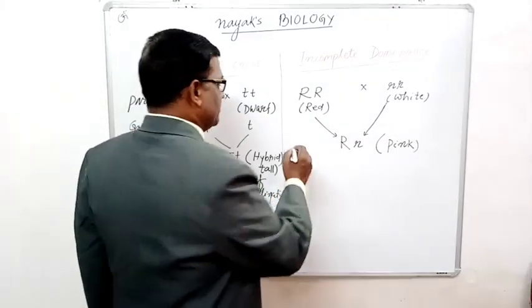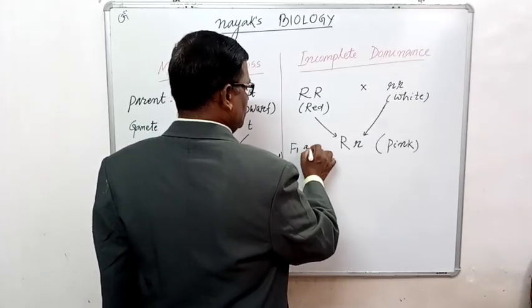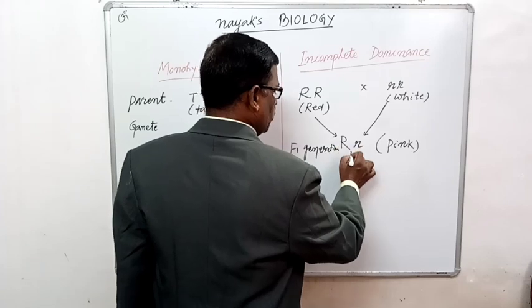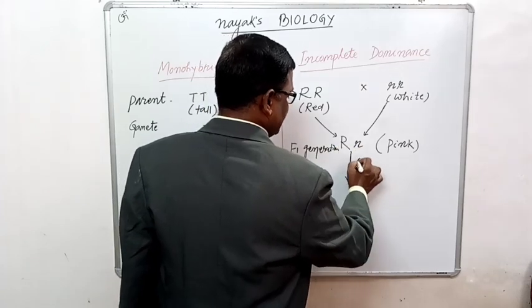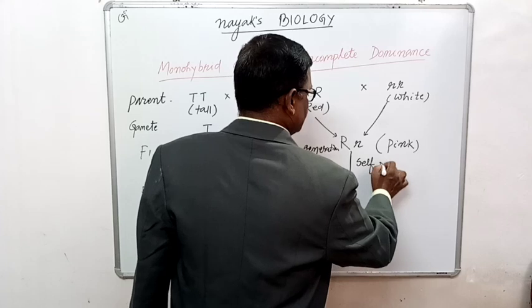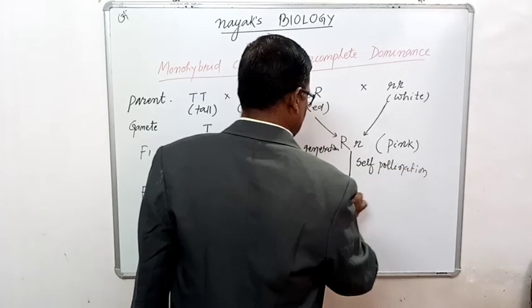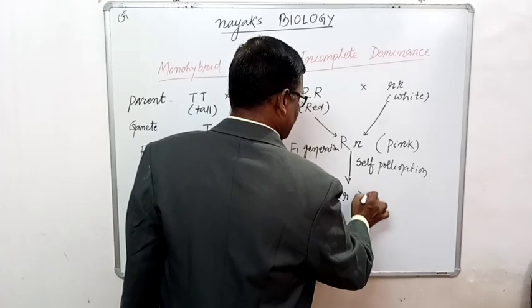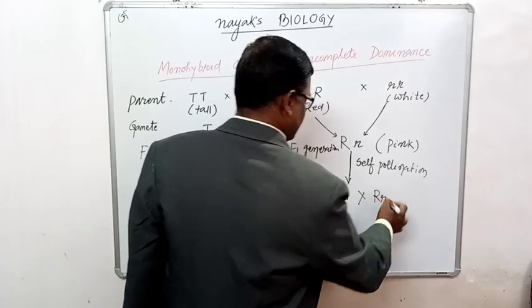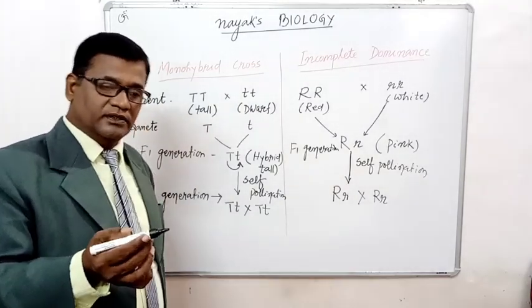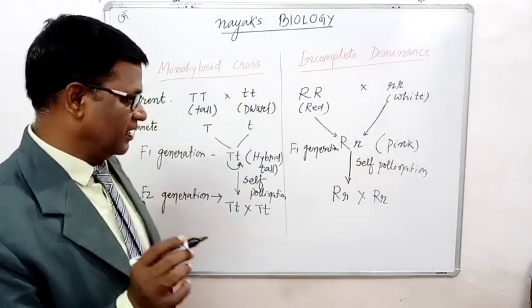The F1 generation gave the pink flower, and we cross it by self-pollination, simply crossing Rr with Rr, since the pollen grains fall on the stigma of the same flower.